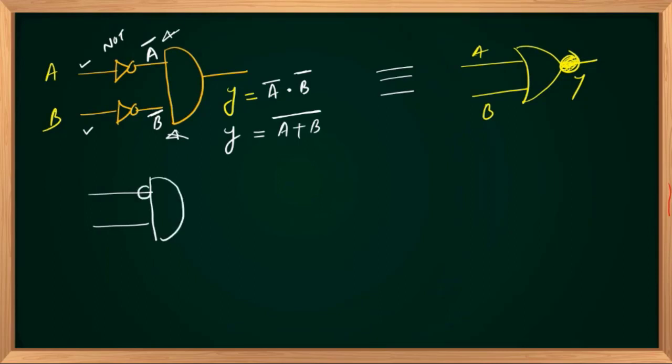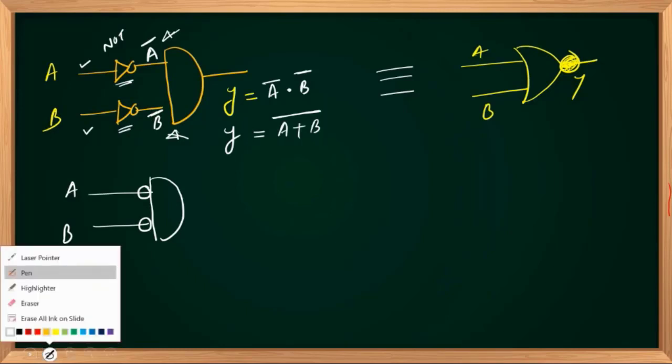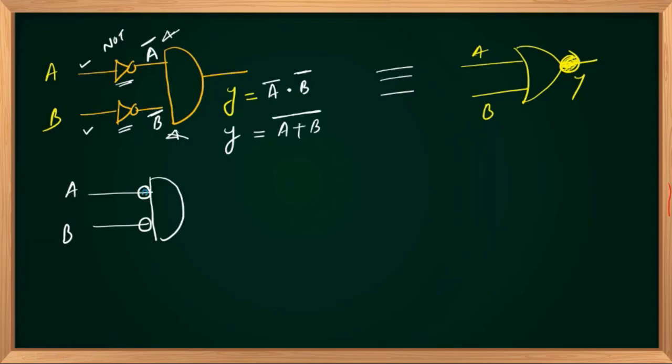That implies an inverter is placed in between the input and the actual input of the logic gate. This is a bubble. Bubble corresponds to an inverter. So this is called a bubbled AND.